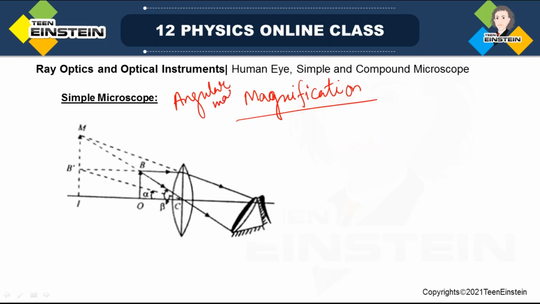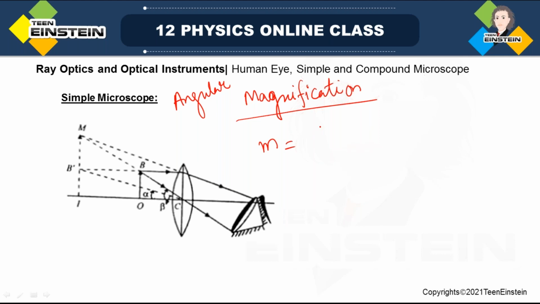Whatever instrument you have, you have to find out a few things, and among them magnification or magnifying power is most important. So this magnification M is defined as what?